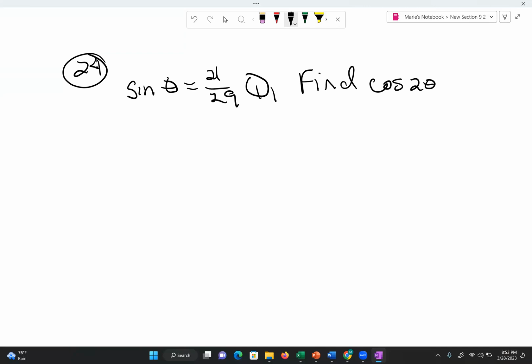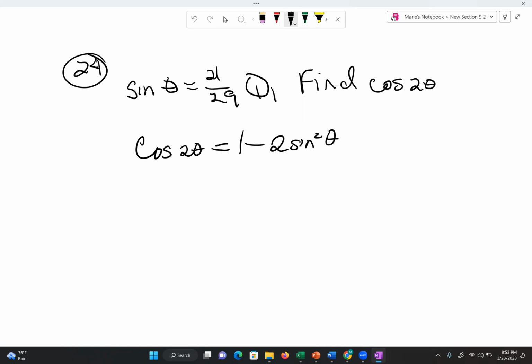When you do the math, just remember the identity for cosine of 2 theta, that is also 1 minus 2 sine squared theta.